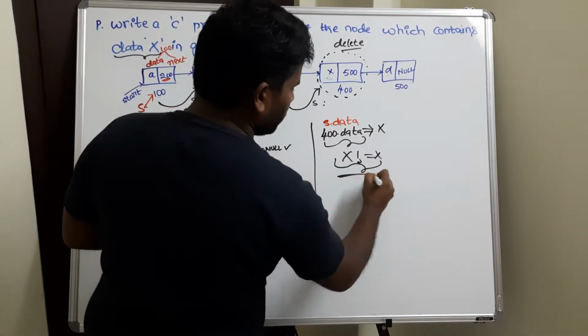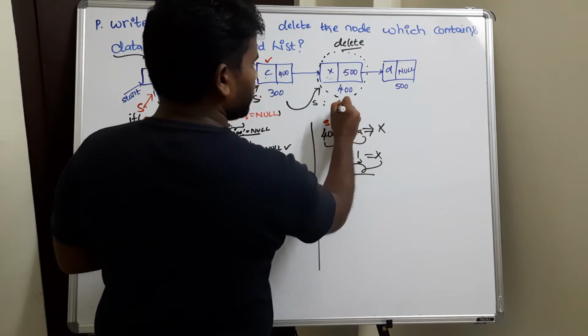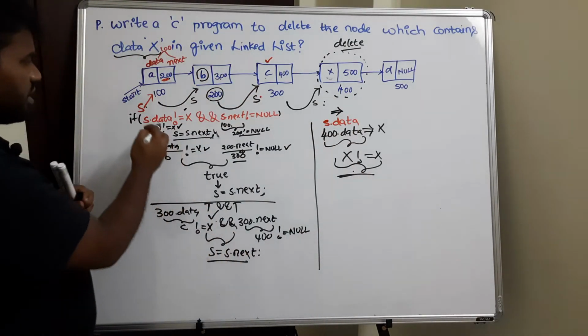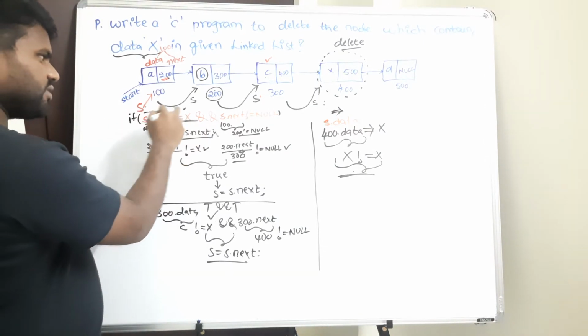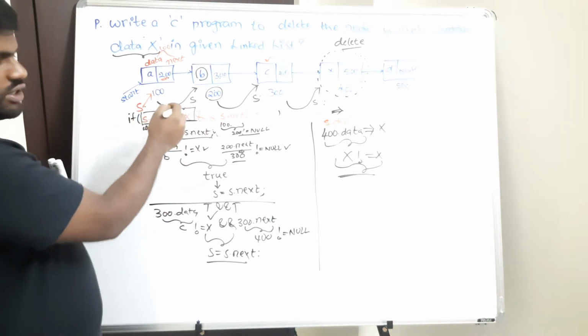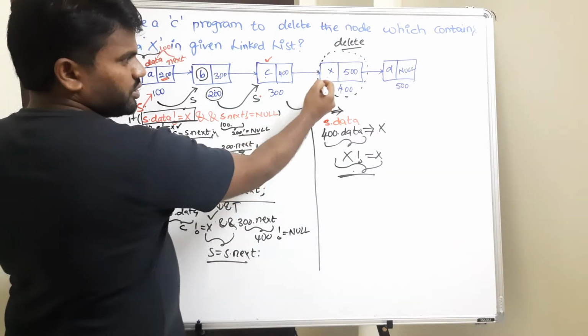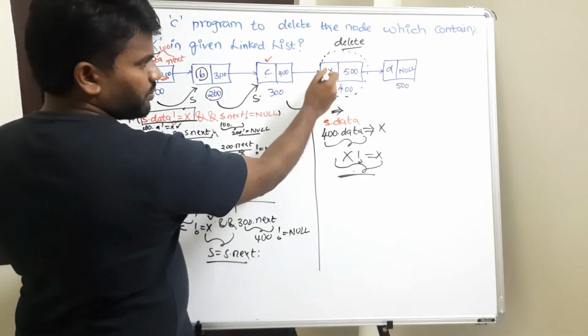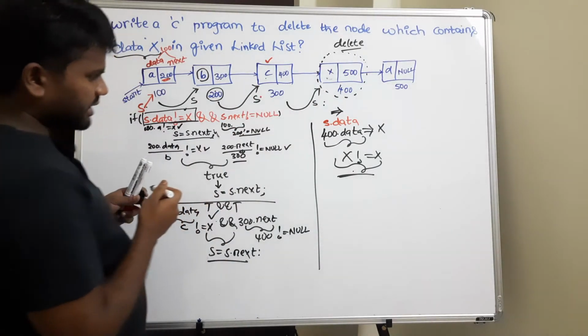So we found out that this is the node we need to delete, because one condition is failing. If this condition is failing, then this particular node is the actual node which contains x. We need to delete that node.